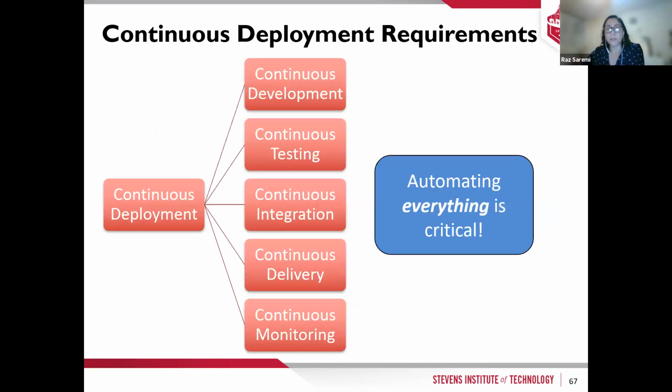So in DevOps, we have continuous development, testing, integration, delivery, and monitoring. Therefore, automation is the critical part. If I fail in automating my testing, then I'm failing in actually delivering a nice DevOps job.